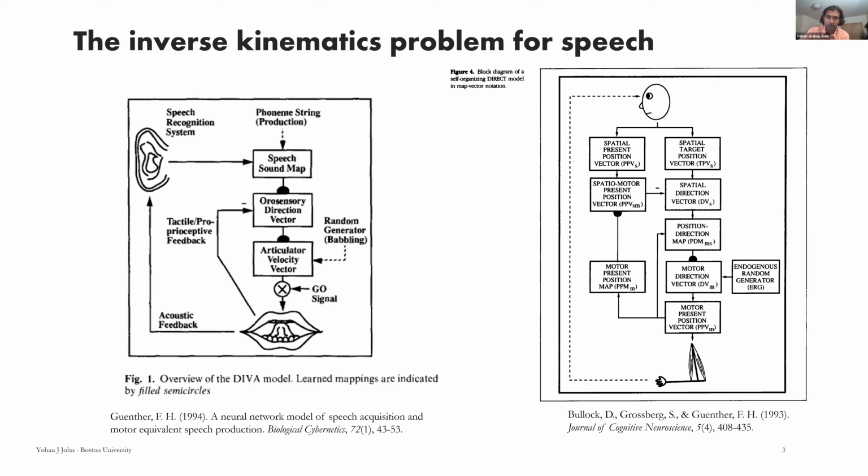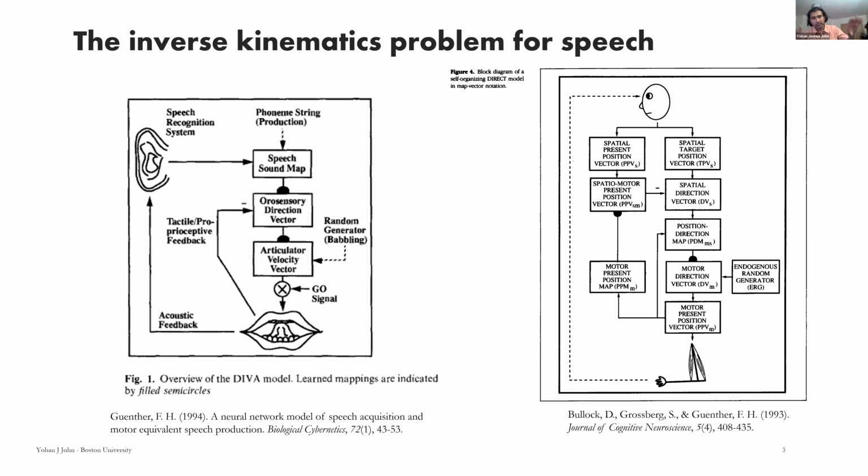So what is the problem? The problem is, how do I control the effectors of the lips, the mouth, the tongue, the vocal cords to produce sounds? So the effectors in this case are everything that produces sound, and the sensory domain is audition rather than vision.